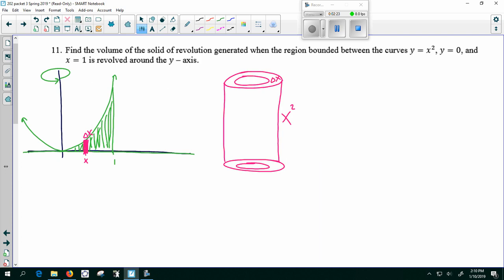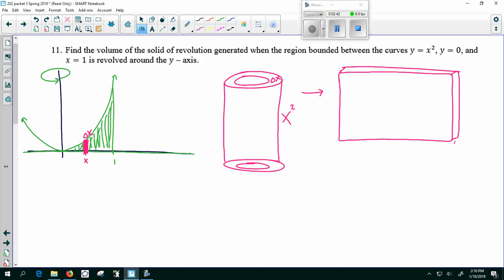And then if I want to know the volume of this thing, I have to remember that if I unroll this, I'm going to get a rectangle that has a little bit of thickness. So that's delta x. The height is still x squared. And then the length of that rectangle is the circumference of this circle when you unroll it.